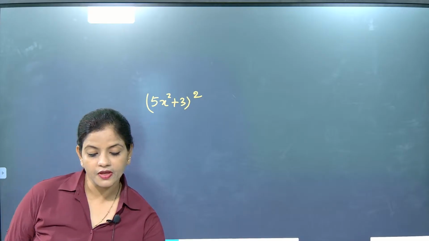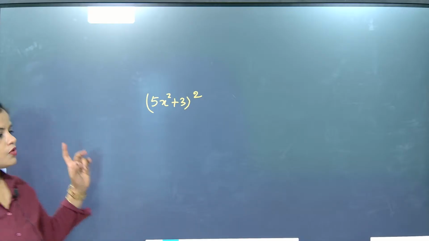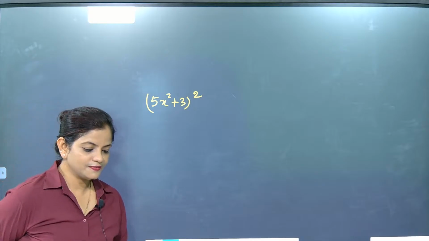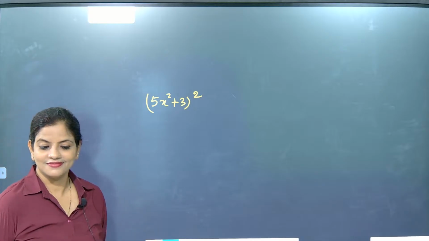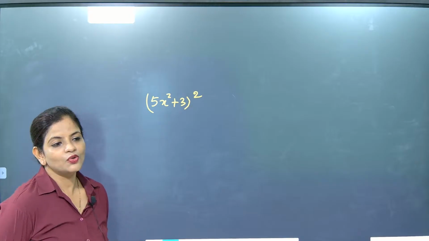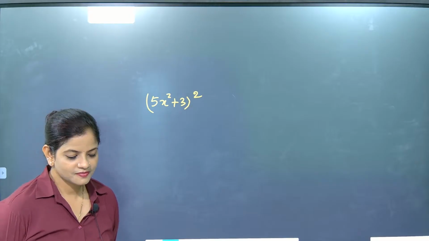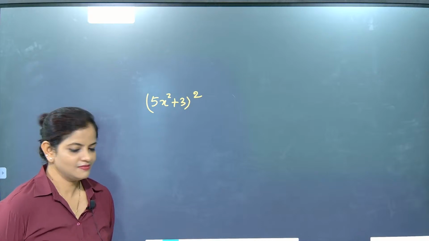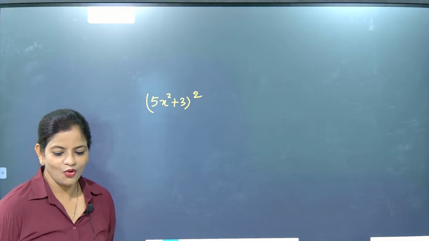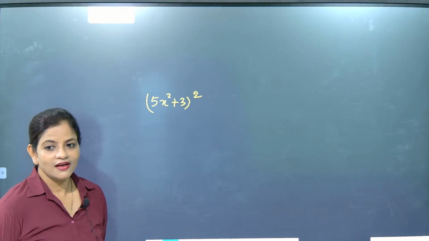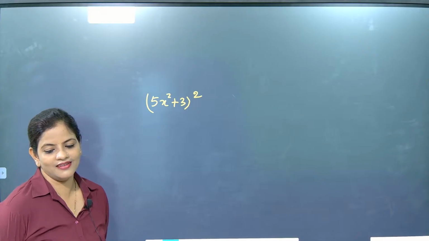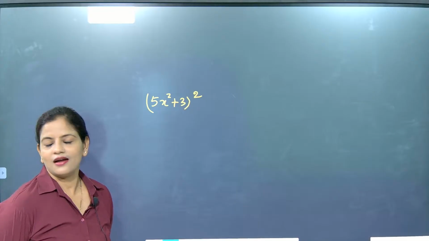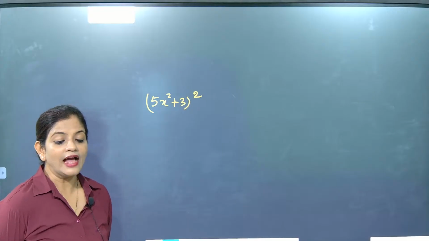Now listen, beta. Now we will go for it. What is the final degree? 2 is not the correct answer. Okay, Tanisha has given me one answer, but I'm asking the degree, the highest degree.